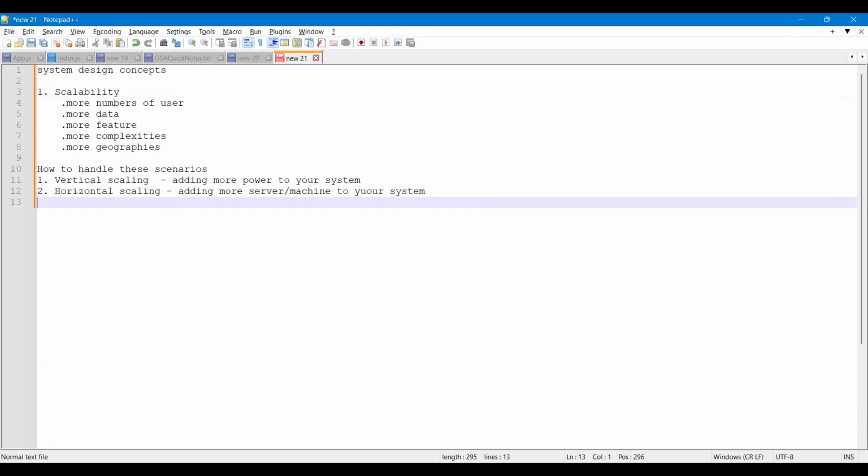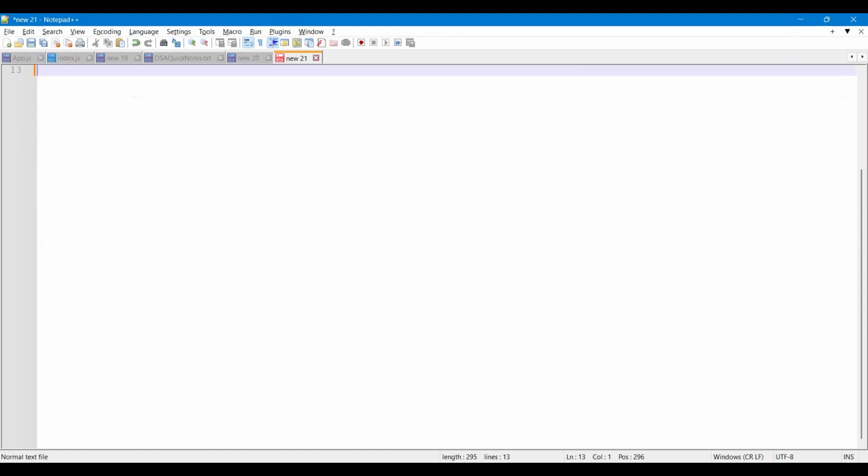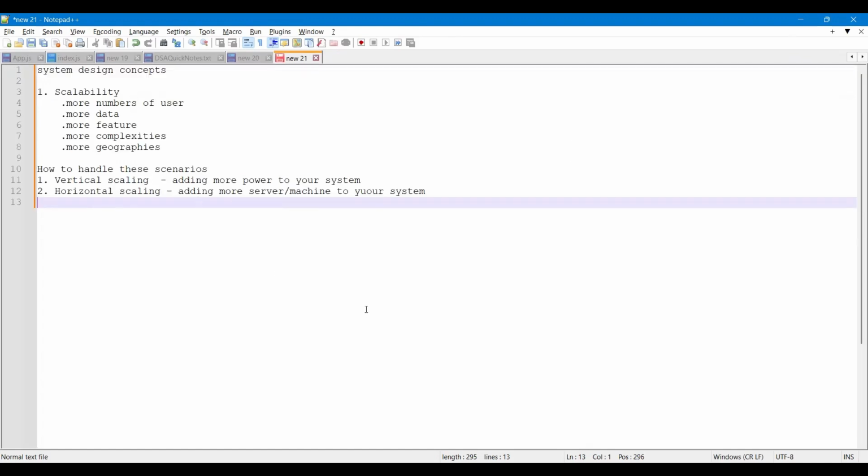Suppose you have NoSQL databases or servers. You can add more servers to run your application, so that a load balancer comes into the picture and distributes the load to those servers. So the third concept is the load balancer.